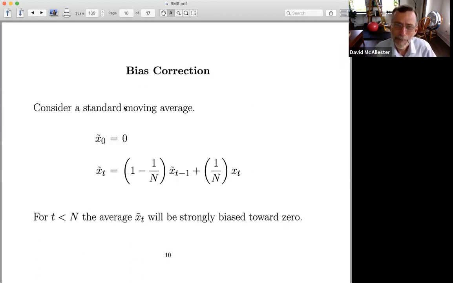So ADAM uses momentum and RMSProp. Both momentum and RMSProp involve running averages. Momentum involves a running average of the gradient estimates, and RMSProp involves a running average of the squares of the gradient estimates at each parameter. Now, if you define a running average this way, the initialization is problematic, right?